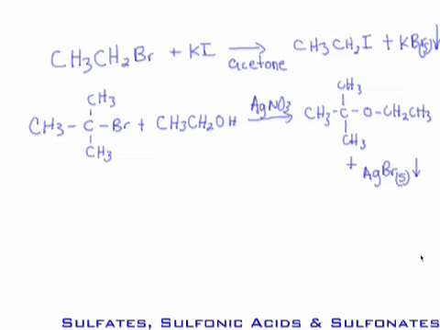We learned last semester in alcohol chemistry that you can produce inorganic esters of alcohols. For example, you can produce molecules like methyl hydrogen sulfate.